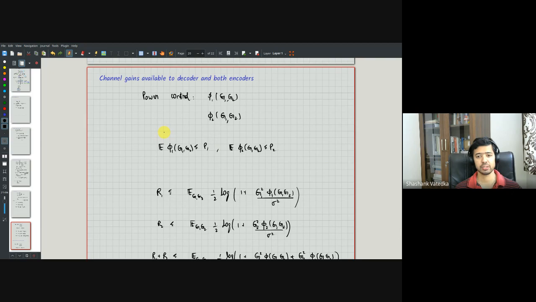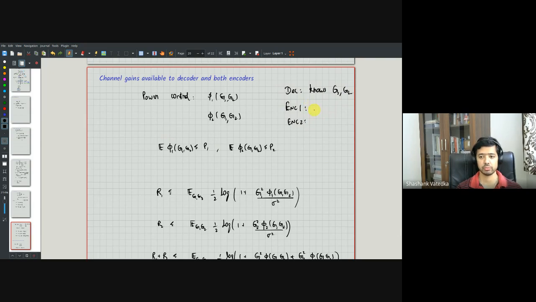Are both channel gains available to both encoders, or does encoder 1 have G1 and encoder 2 have G2? So the decoder knows G1, G2. And what do the encoders know?